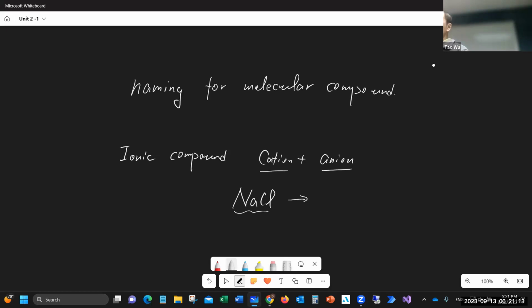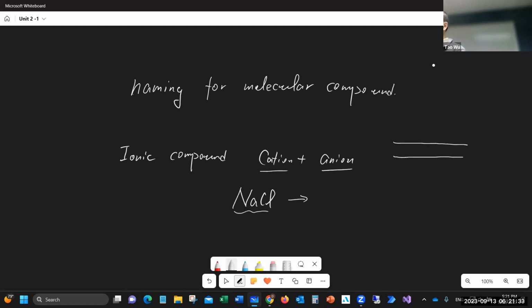But if we talk about those in detail, sodium chloride is not just a single sodium ion combined with a single chloride ion. Not exactly. Those are actually in a matrix.